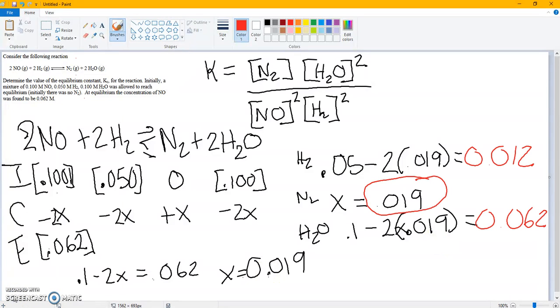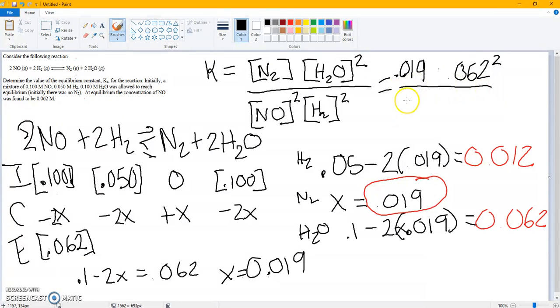Alright, so now that I have the concentrations for hydrogen, nitrogen, water, and NO, I can look up here, and I'm just going to plug these guys back into my K equation. Alright, so I know that nitrogen is 0.019, and then I'm going to multiply that by water, which was 0.062, and I'm going to square that.